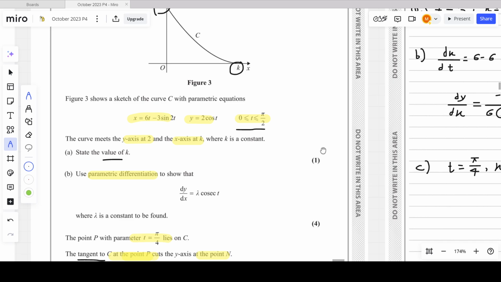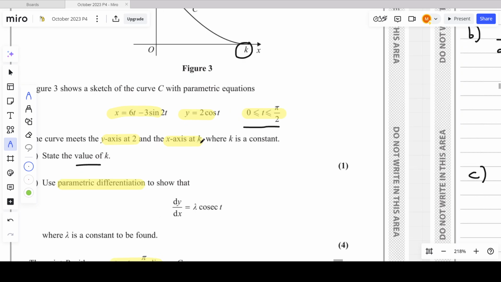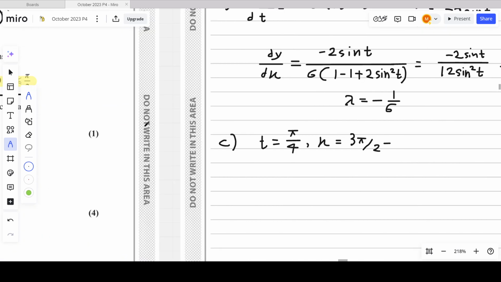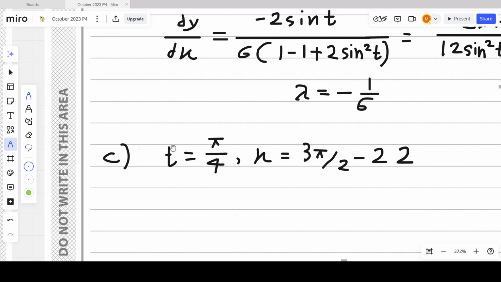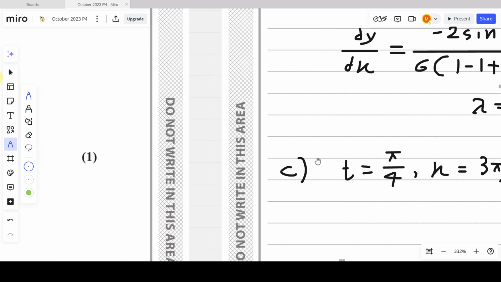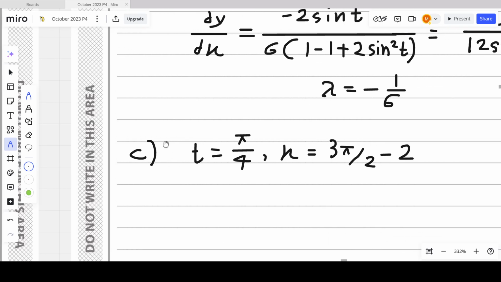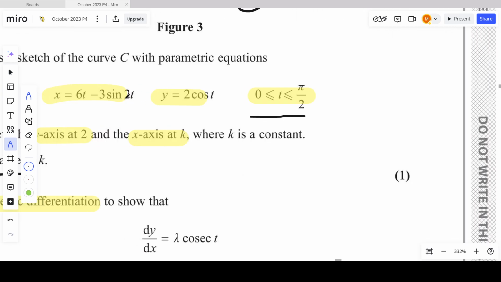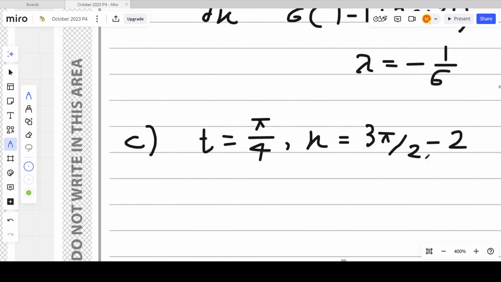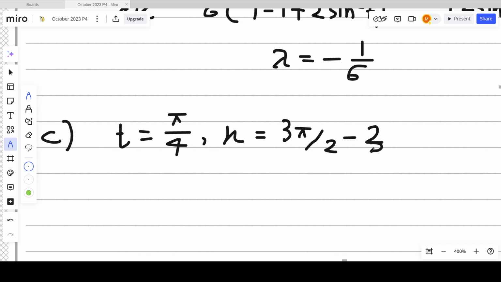It would be sine 2t, that is sine 2 times pi over 4, that is sine 90 degrees. Sine 90 degrees is 1. So you will get x equals 3 pi over 2 minus 2. Let's have a check. Oh, it is negative 3. It's not negative 2, it would be negative 3.